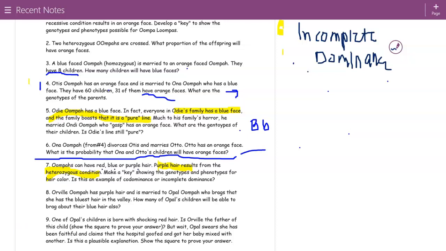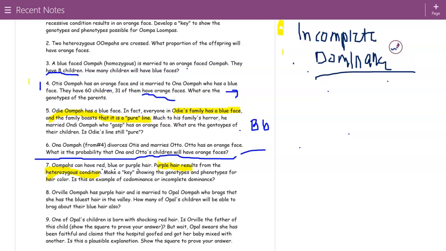Is this an example of codominance or incomplete dominance? This is the same example from the book as the white and red flower, that when you cross them, you get a pink flower. That's incomplete dominance. You get a phenotype that is somewhere in the middle between the two other phenotypes.